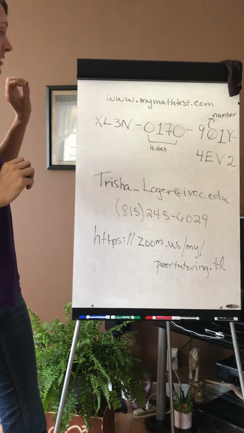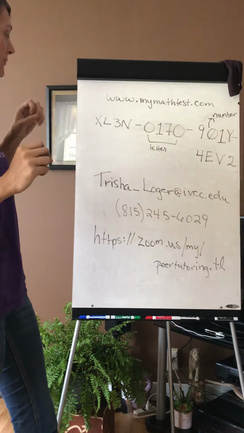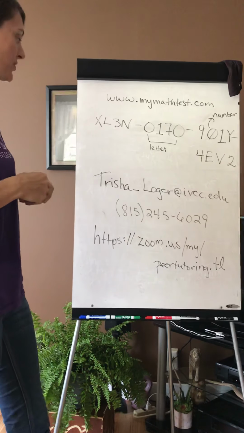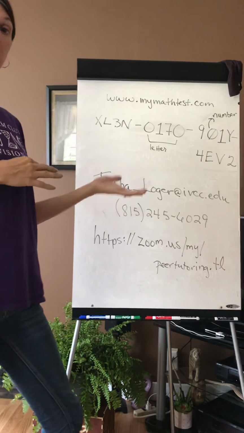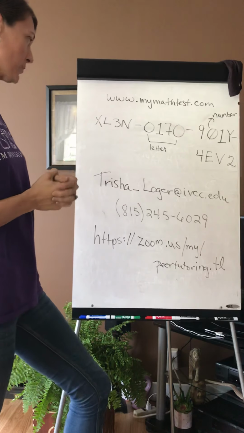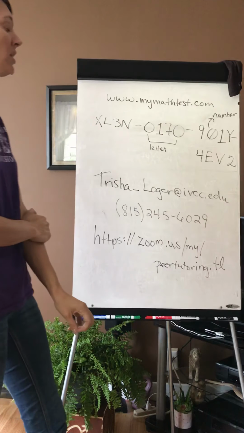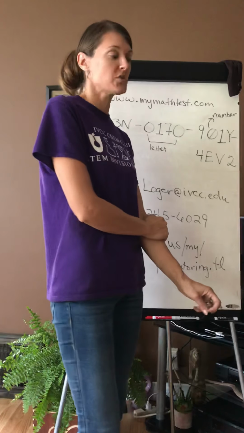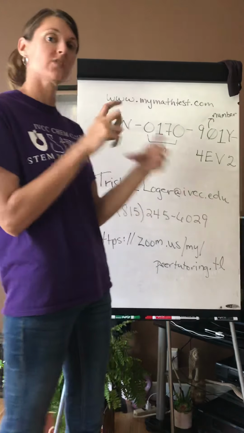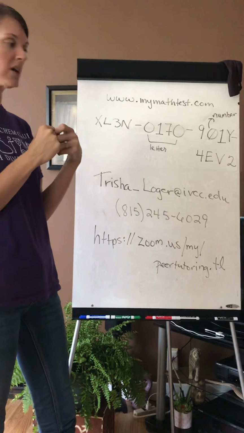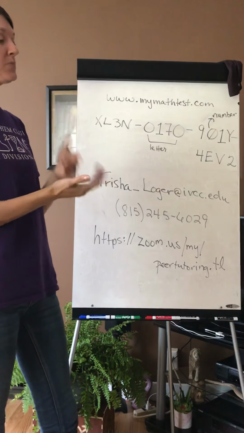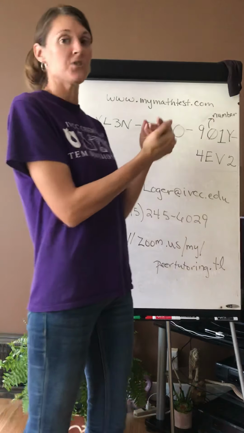So you'll need an email, and of course you'll need Wi-Fi or computer access of some form, be it at home or on campus. Those computers are available as well. So it'll prompt you to create your account, and then you will need your access code. So that's what you purchased from the bookstore. It's in a little envelope. I believe it's $25. And then after you've typed in all of that, it will prompt you to enroll in the course.